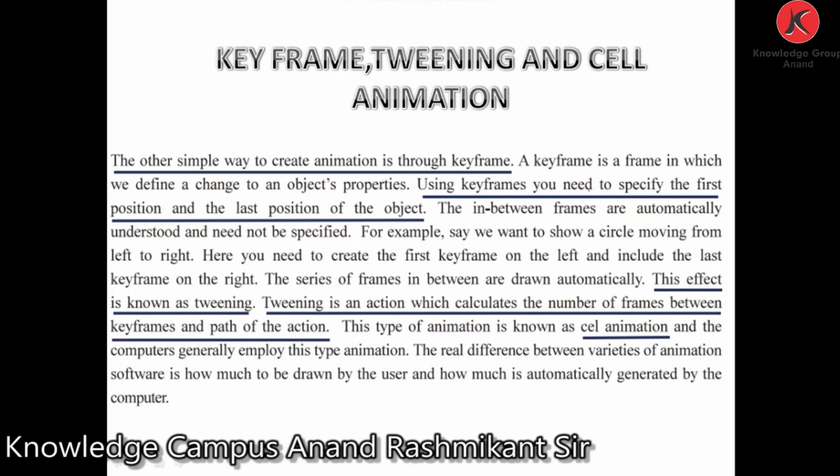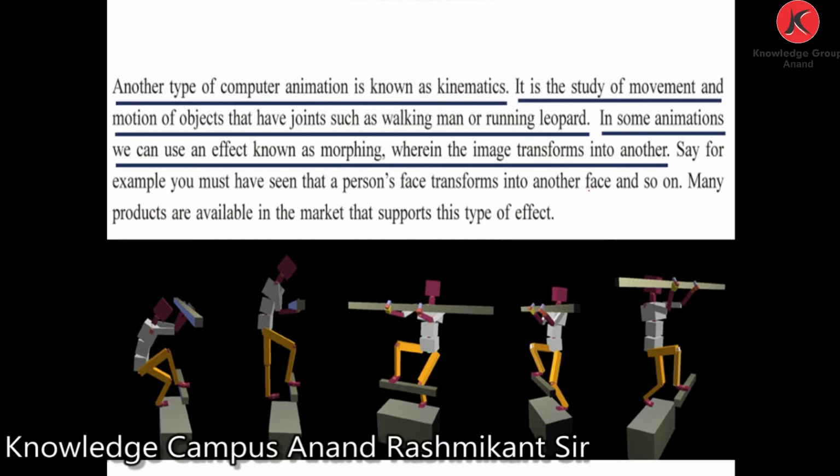The real difference between varieties of animation software is how much is to be drawn by the user and how much is automatically generated by the computer. Another type of computer animation is known as kinematics. It is the study of movement and motion of objects that have joints, such as a walking man or a running leopard.